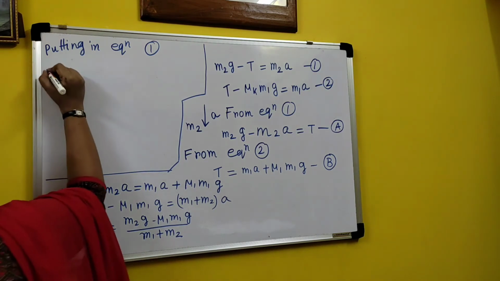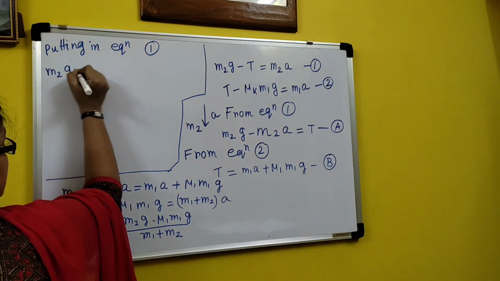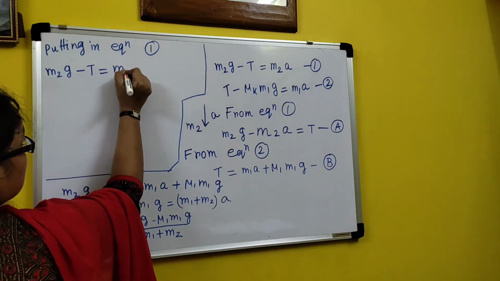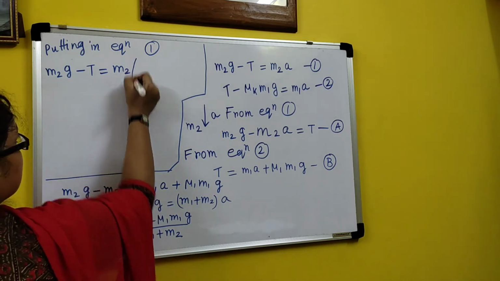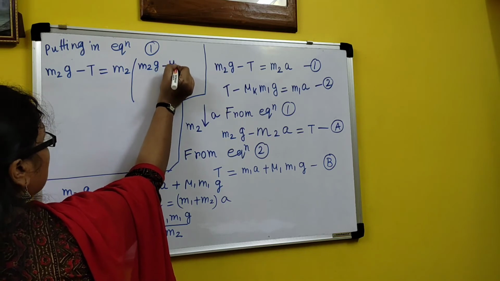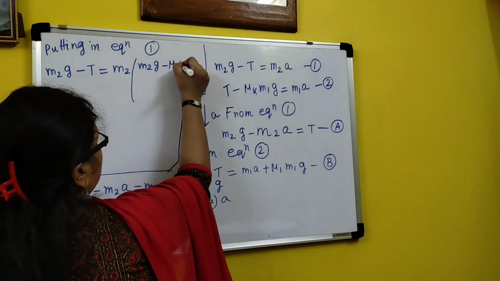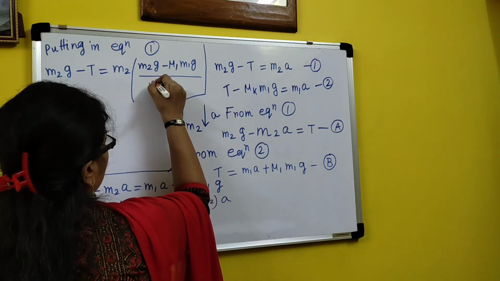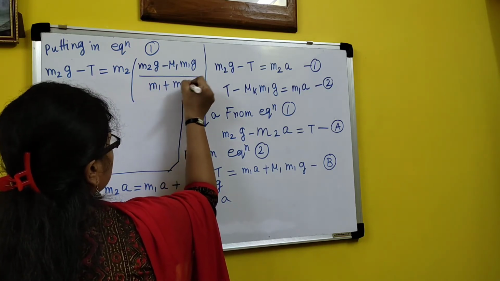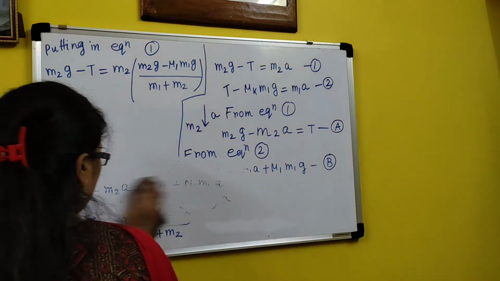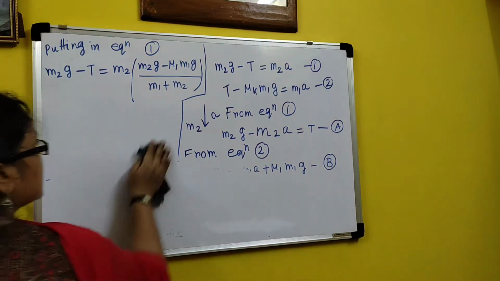I will get m2g minus T equal to m2 into this whole expression, that is (m2g minus mu1 m1g) by (m1 plus m2). Done. Now other things are not required, so I am erasing all the other things over here.